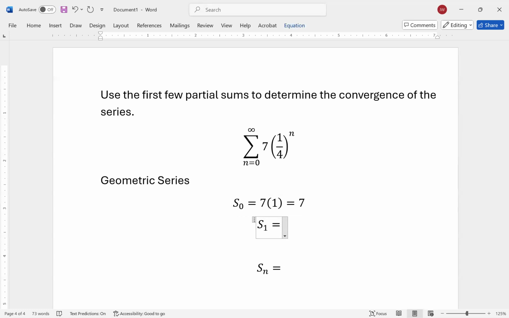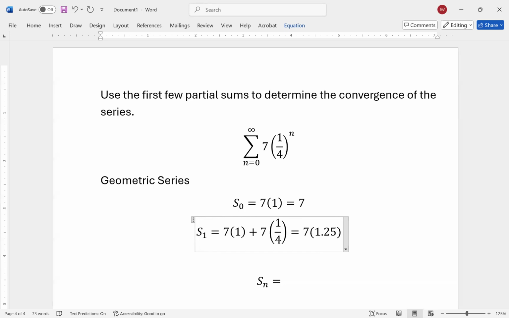When I plug in both my n equals 0 and my n equals 1 term, I'll get 7 times 1/4 to the 0th power plus 7 times 1/4 to the first power. Here's how I'm going to write it: I'm going to factor out a 7, and then add 1 plus 1/4.